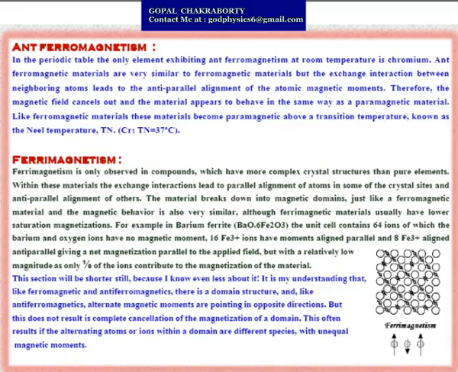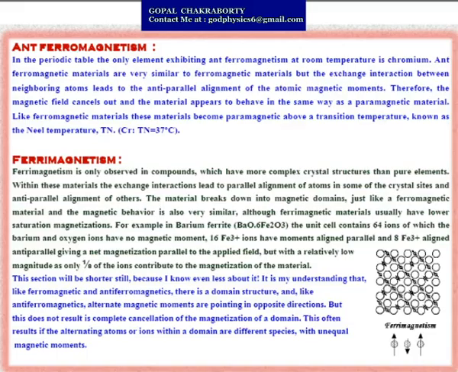The material breaks down into magnetic domains just like a ferromagnetic material, and the magnetic behavior is also very similar, although ferrimagnetic materials usually have lower saturation magnetization.